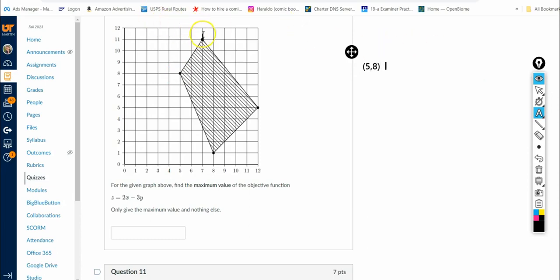Then this point here has coordinates 7, 11. Then the next corner point here has coordinates 12, 5. And then this corner point here has coordinates 8, 1.